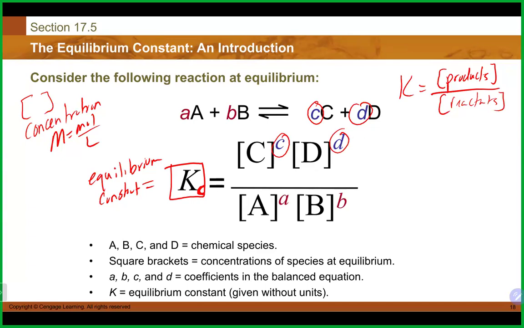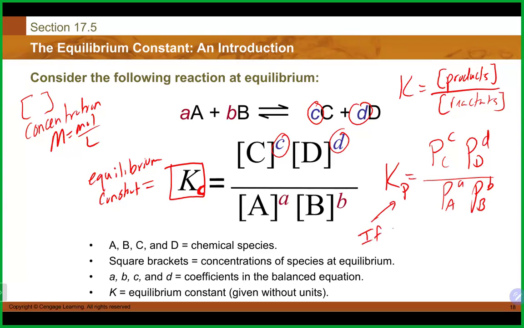You can write an equilibrium constant using pressures, where you take the partial pressure of C to the c, partial pressure of D to the d, partial pressure of A to the a, and partial pressure of B to the b. This is sometimes referred to as a Kp value, and this would be if we had gases and pressures instead of concentrations.